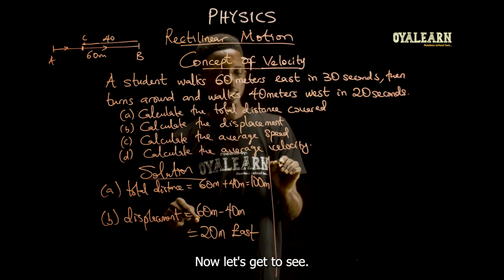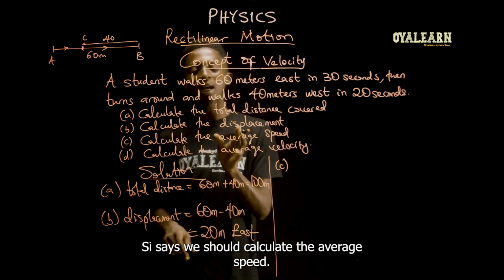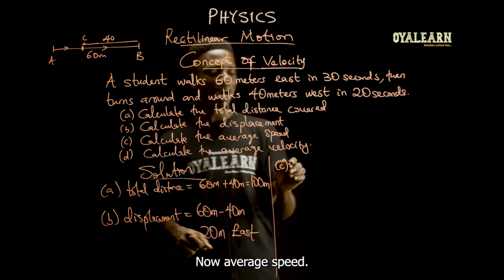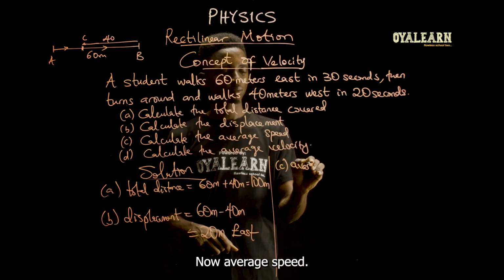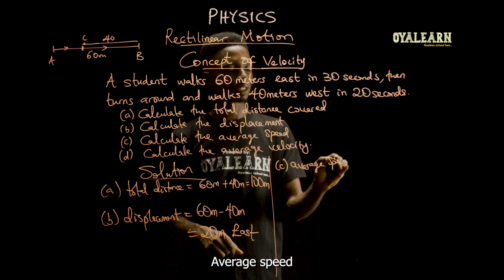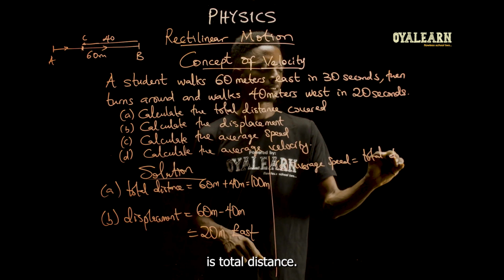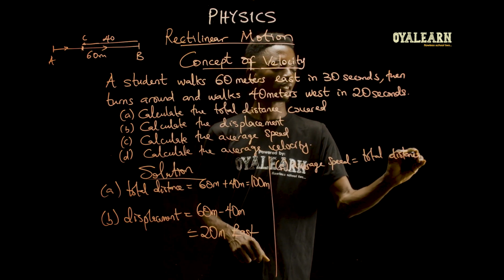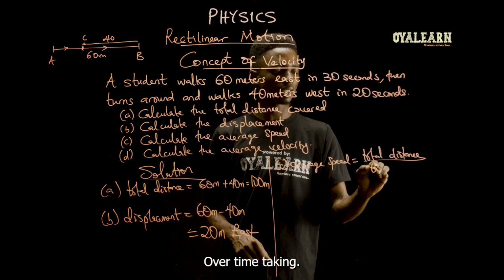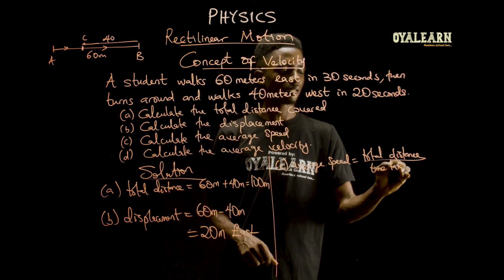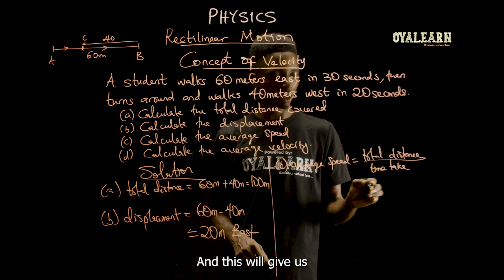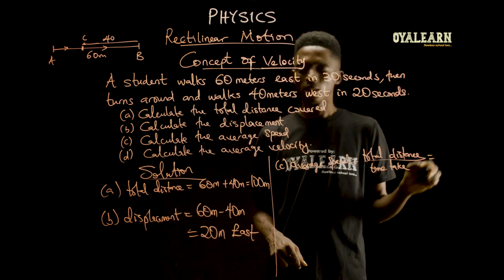Now, let's get to C. C says we should calculate the average speed. Now, average speed is total distance over time taken. Okay, and this would give us the total distance.